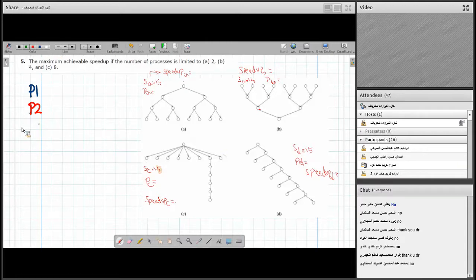Now we have new processes called P3 and P4.